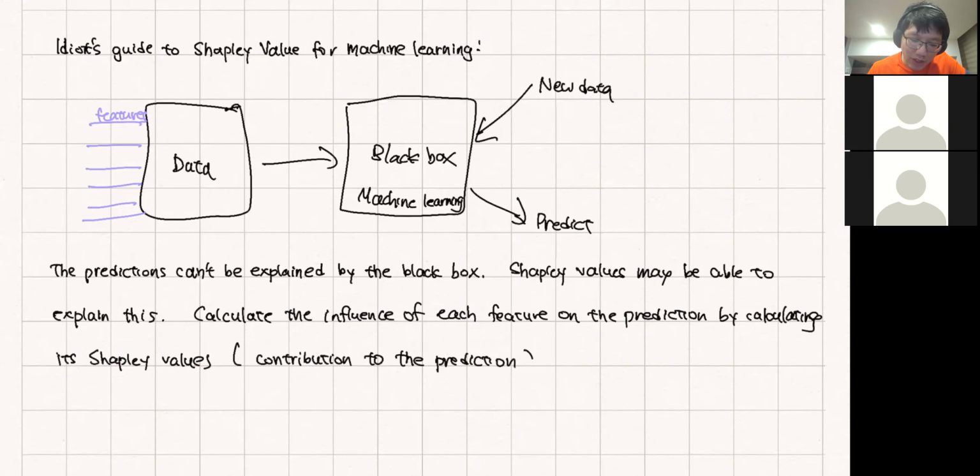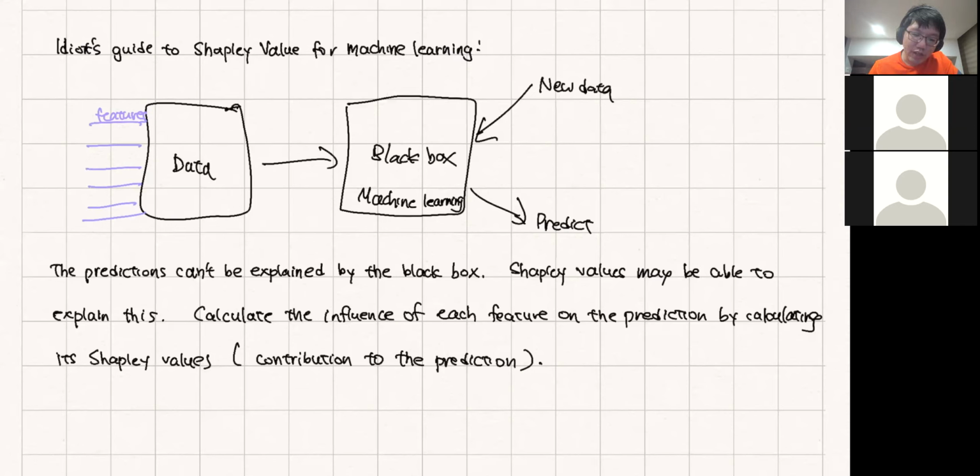Okay, and maybe you'll take some features out and then try to make a prediction, and then use that to calculate Shapley values. And in that case, that will tell you how much of an influence it has on the actual prediction. And that might give you some idea, I say might with a very big quotation mark, might give you some ideas of how each feature will affect the prediction.